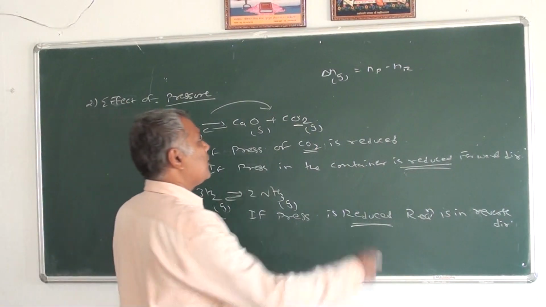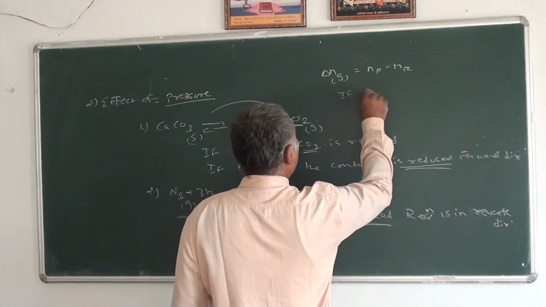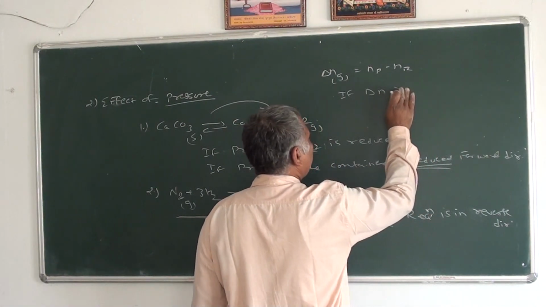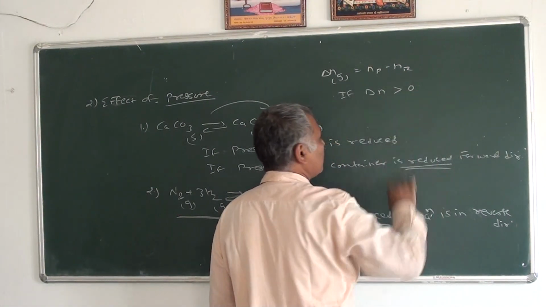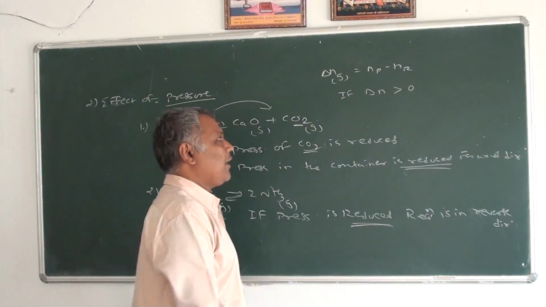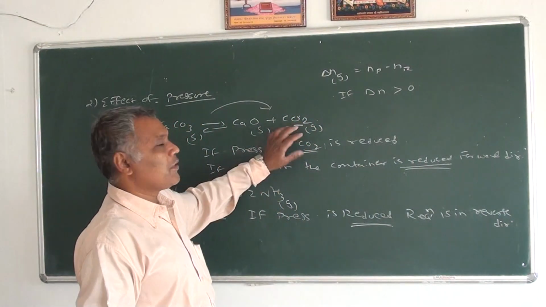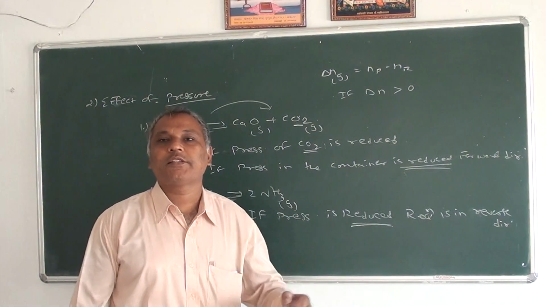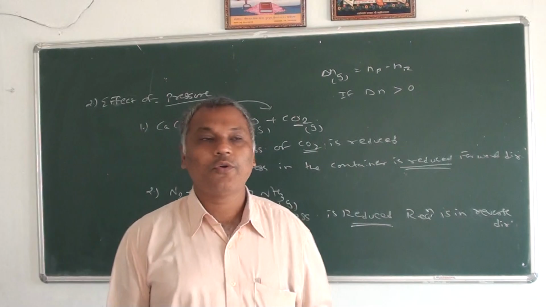Now in this case, if Δn is greater than 0, positive, that means the product will be more. The number of moles of the gaseous component in the product is more.